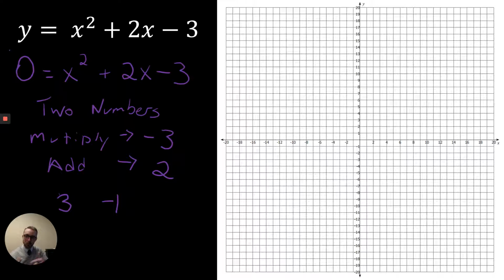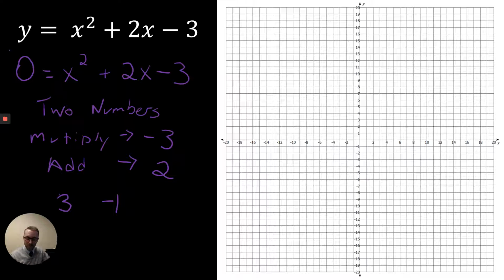I know that if I multiply positive 3 and negative 1 together, I get negative 3. I know that if I add them together, I get positive 2. And there are no other two numbers that are going to multiply to negative 3 and add to positive 2.